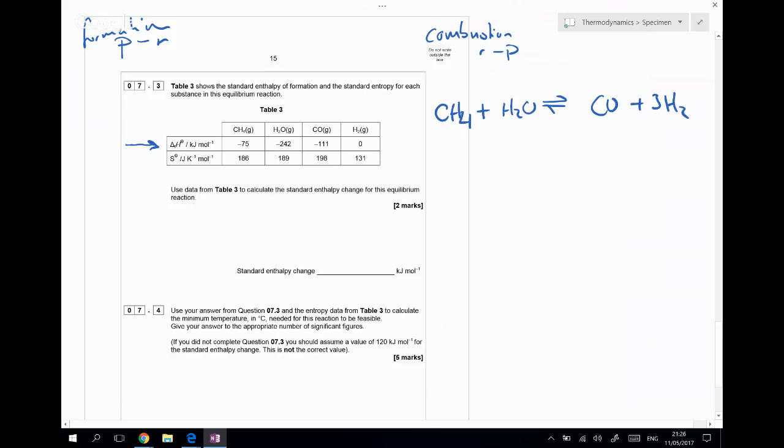So the enthalpy change, delta H, for this question is going to be 3 lots of 0. I can probably do that one off my head without too much worry. So we've got 0, 3 times 0. I'll put it all in just so we've got it there. Plus our carbon monoxide, which is minus 111. And we're going to take away from that the value of water, plus the value of the methane, minus 75.